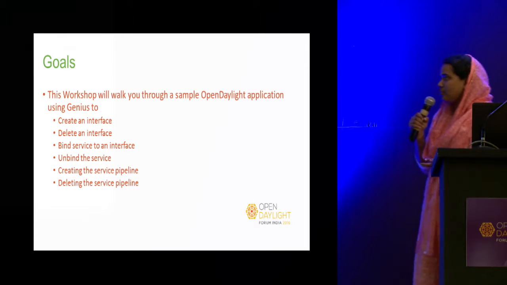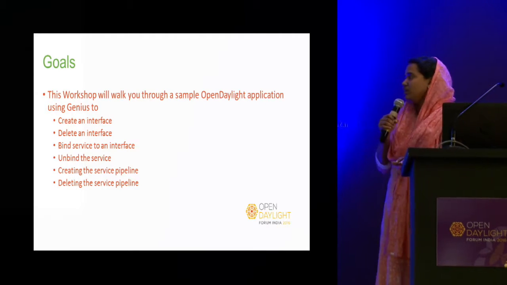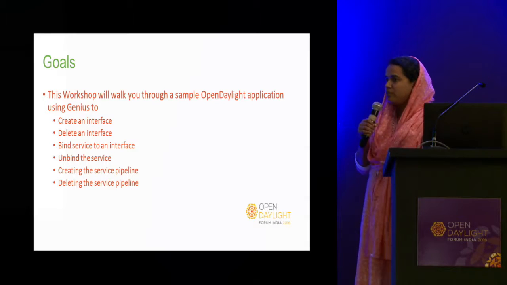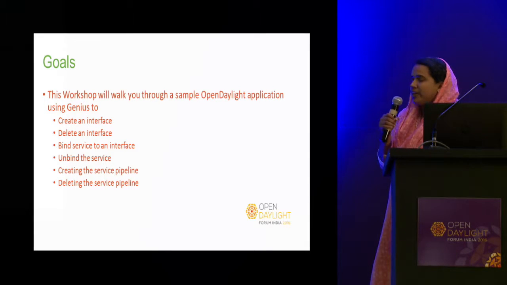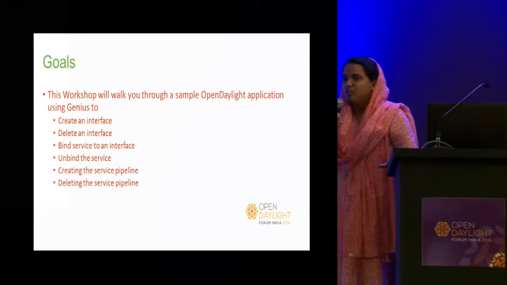Binding the service means you have to provide the service priority. Depending upon your service priority, the pipeline will be programmed. And the final step is creating the service pipeline. So as you see, the OpenDaylight network pipeline, right?